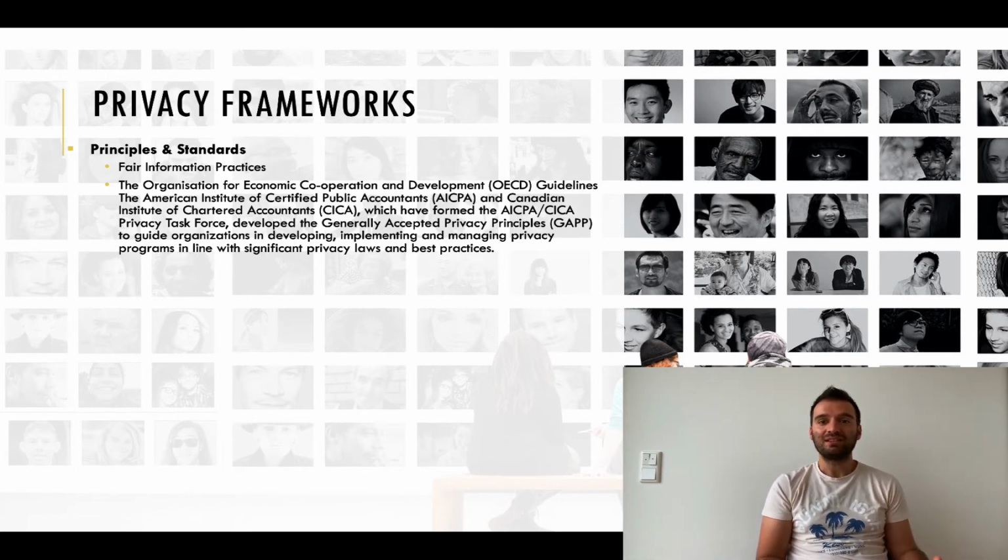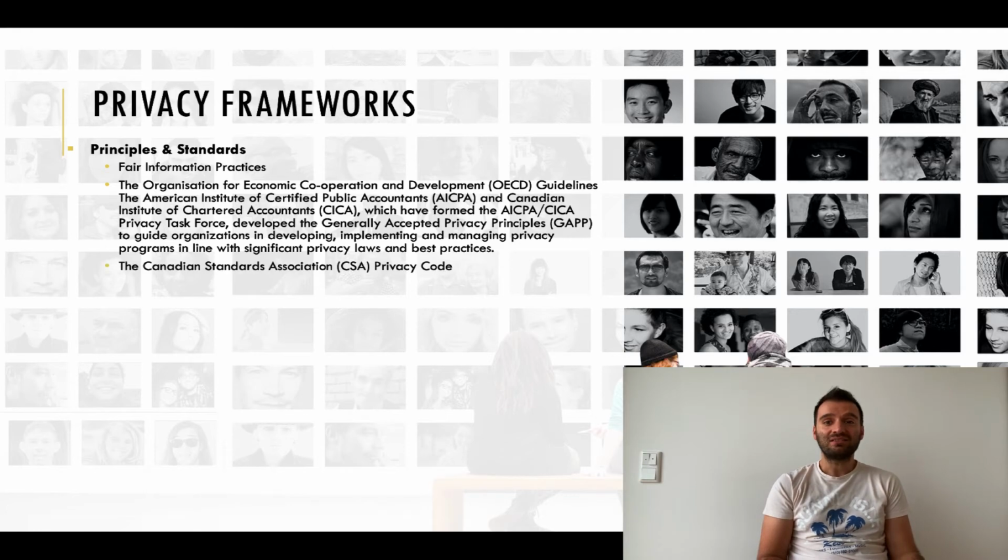The American Institute of Certified Public Accountants, or AICPA, and the Canadian Institute of Chartered Accountants, or CICA, which formed the AICPA/CICA Privacy Task Force, developed the Generally Accepted Privacy Principles, which we'll call GAPP, to guide organizations in developing, implementing, and managing privacy programs in line with significant privacy laws and best practices.